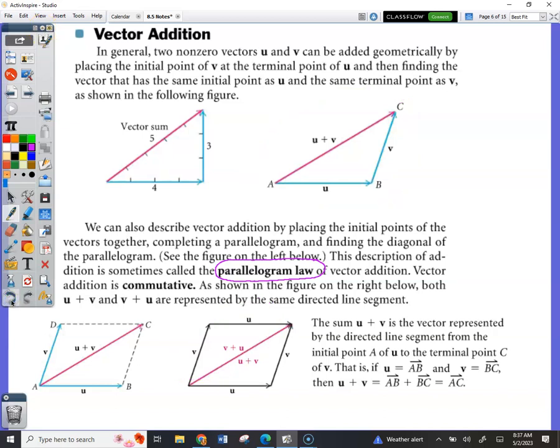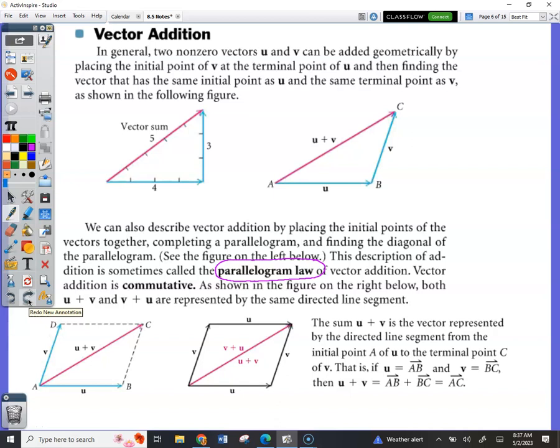So if I say this vector is going this way and it's vector u, and then I say this vector is going that way, it's vector v, and then I draw the sum, I can finish the parallelogram by copying vector v over here and copying vector u up there. So that's where that picture comes from. It starts as a triangle, but then you finish it by filling in the parallelogram, by copying the vector to the opposite side.